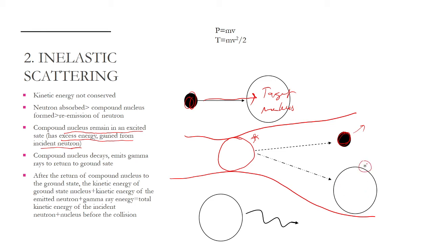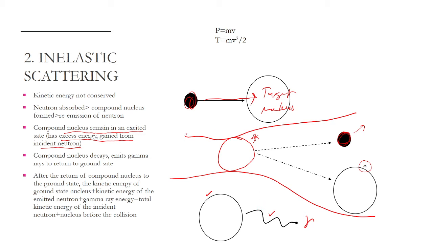This excited state nucleus is still not reaching the final ground state, so it emits a gamma ray to return to its final ground state. So finally, at the end, you have the ground state nucleus and gamma ray.